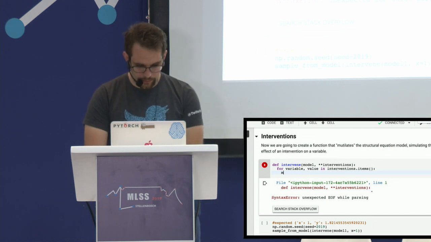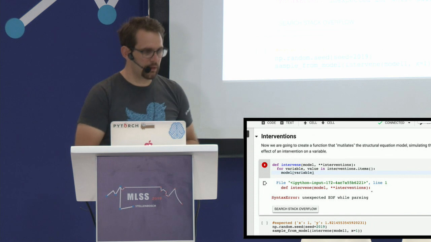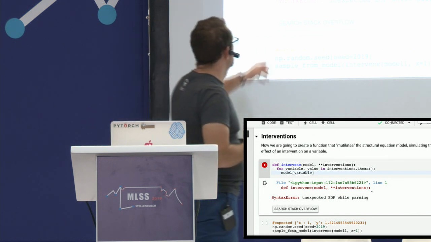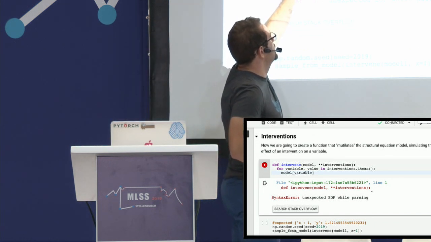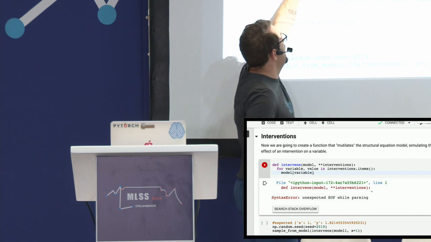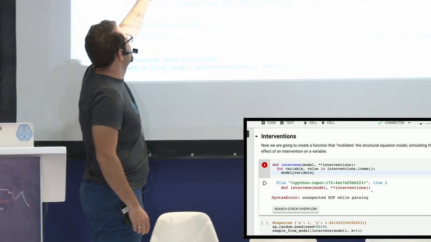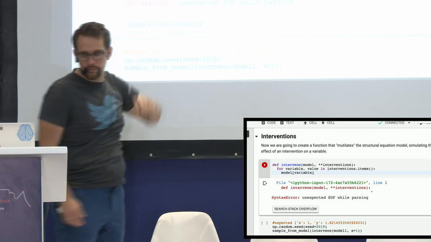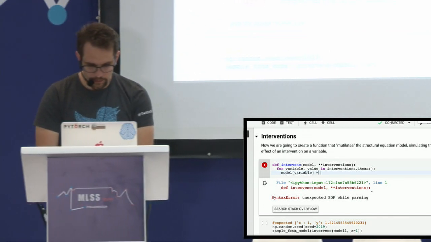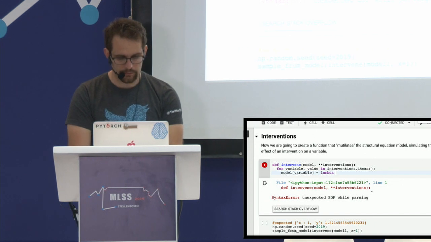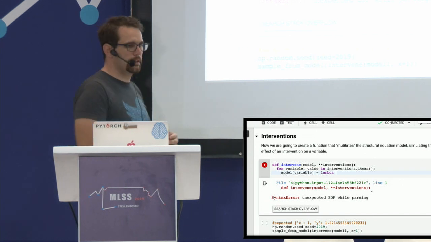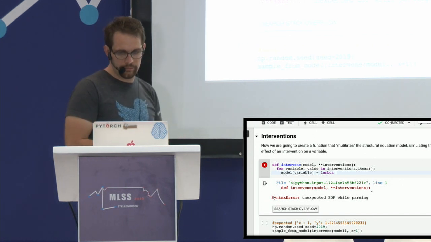I want to look up the function that would instantiate this variable. So let's say that if my intervention is x and 3, which would mean set the value of x to 3, I look up the function that would instantiate x, and then I simply set it to a lambda expression, a function that always just returns a constant.